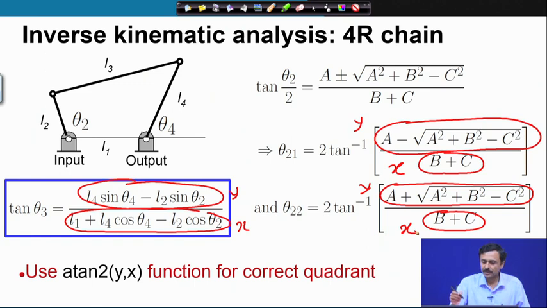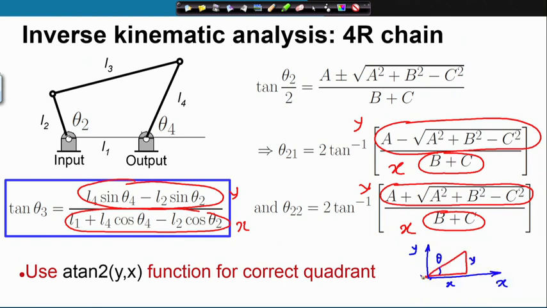So, this comes from this idea. So, this is x, this is y, and this is the angle. So, tangent of theta is y divided by x.